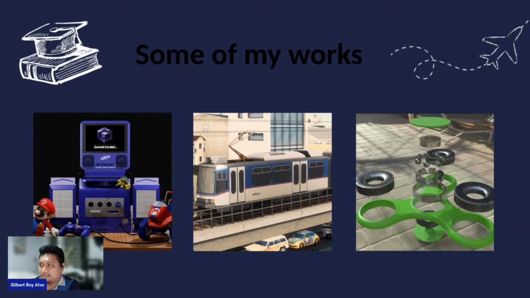If you know fidget spinners, I modeled this while that toy was still popular, so that's basically 2017 to 2018, and you can see how well it looks in terms of textures because this is the time I encountered Substance 3D Painter. So this is basically my forte into 3D texturing, and it was such a learning experience. I was able to improve my skills in basically creating a full on 3D pipeline.